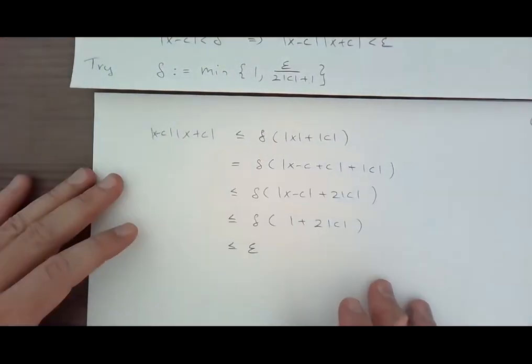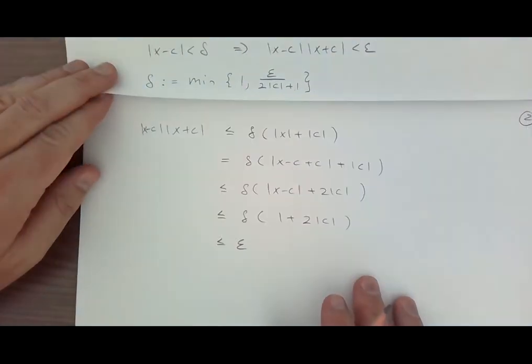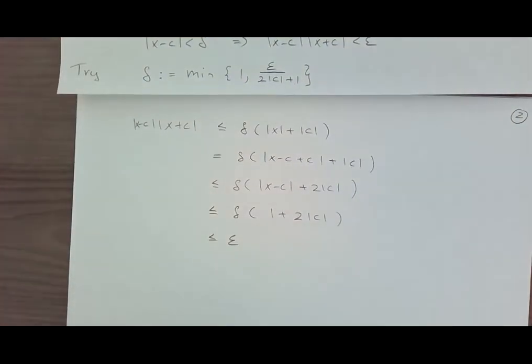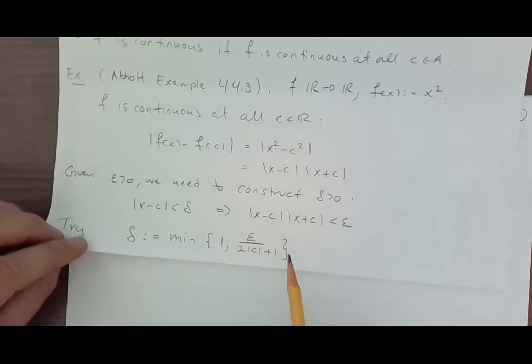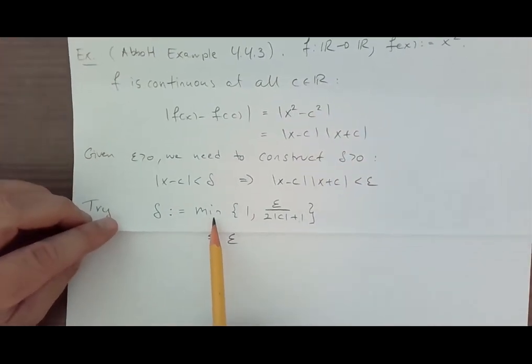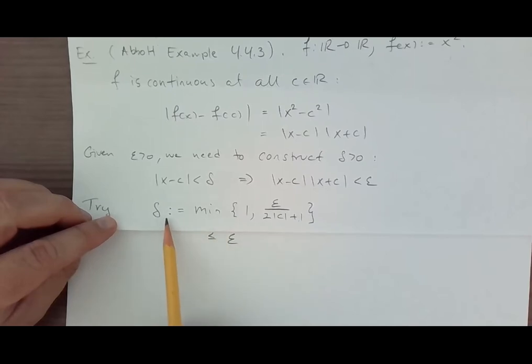Any questions on the calculation we did here? Why is delta less than 1? Well, look at the definition. Delta is equal to the min of 1 and this epsilon over 2 absolute value of c plus 1. Right?